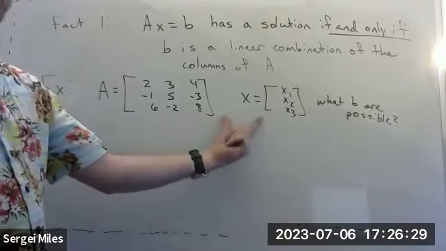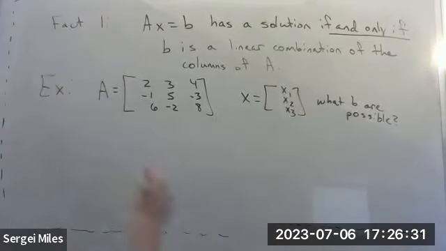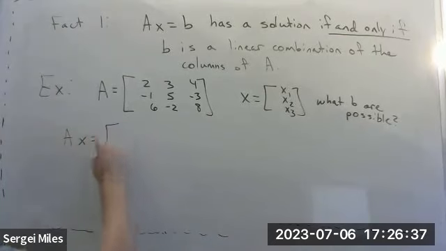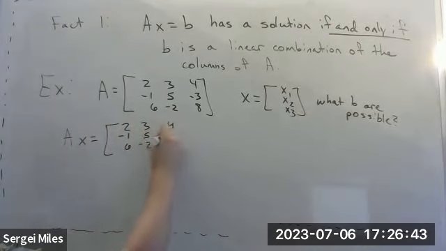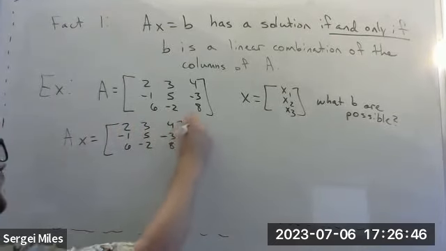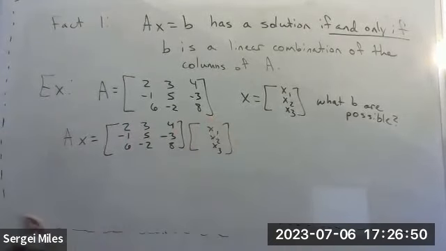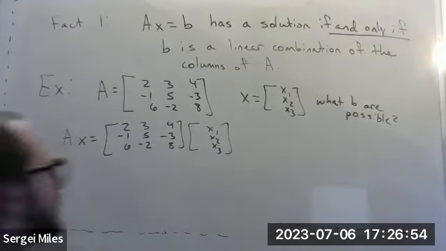Well, to do that, I need to look at, okay, what does it mean to multiply here? That means I'm taking A times x. So I have this matrix, with columns 2, -1, 6, then 3, 5, -2, then 4, -3, 8, times x1, x2, x3. This matrix multiplication is the same thing as taking a linear combination.